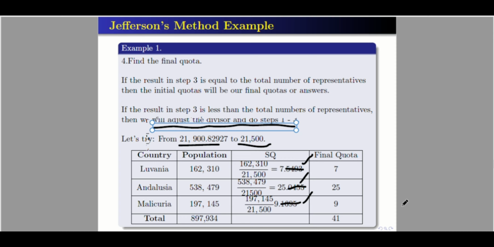Now if, for example, you got 40 again, then you just need to adjust your divisor again until you get the exact value, 41. In this case, since we already got 41, these are now our final distribution of the 41 representatives: 7 for Lovania, 25 for Andalusia, and 9 for Malicuria.